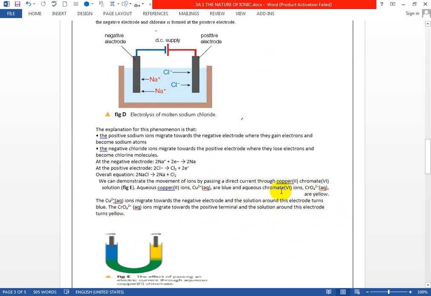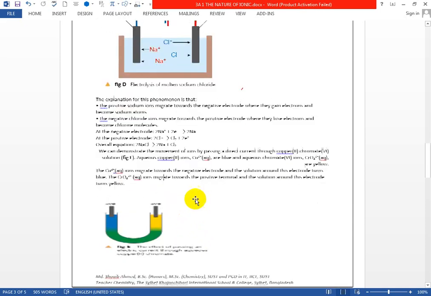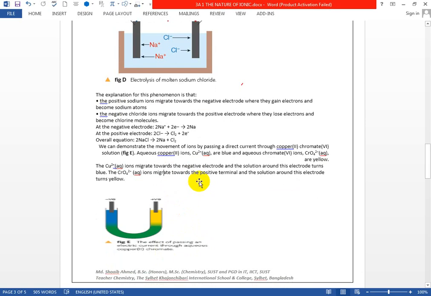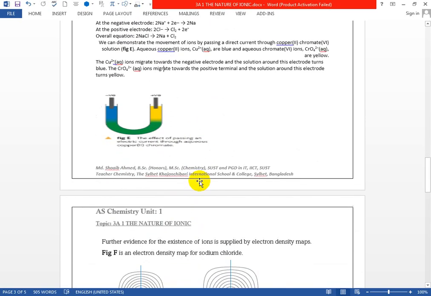When we pass current, copper(II) ions migrate to the negative electrode, which turns blue, and chromate ions migrate to the positive terminal, and the solution turns yellow. So we can show the evidence of ions by passing a direct current through electrodes in the electrolysis process.